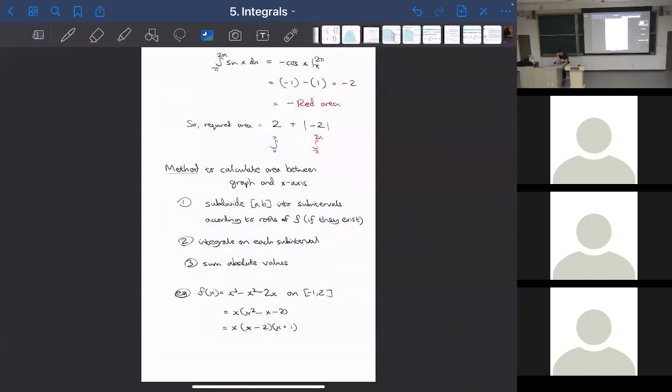So did I get a graph of this function? Maybe not. But let's see what we can say.